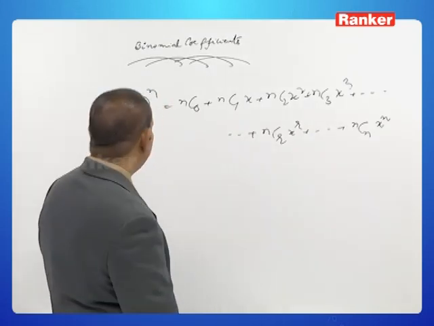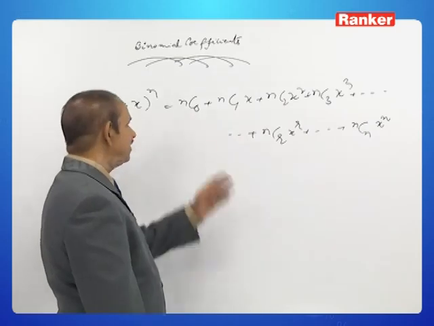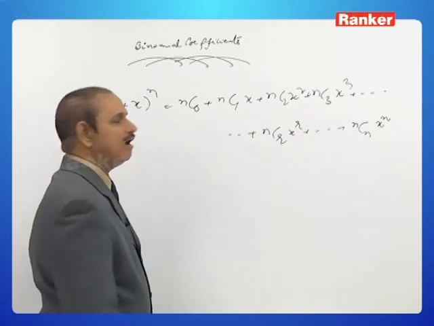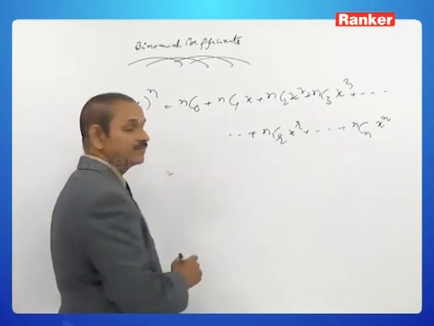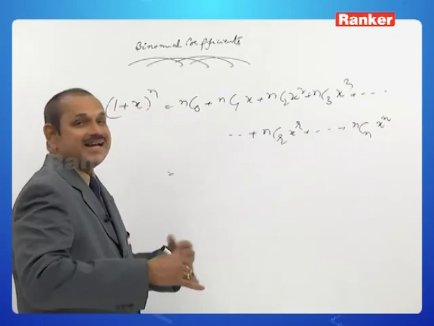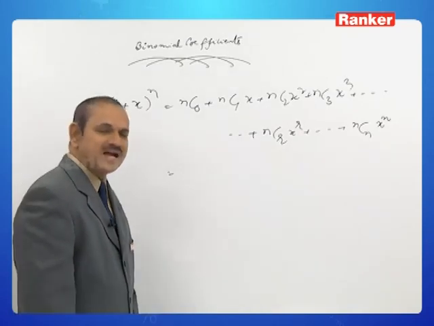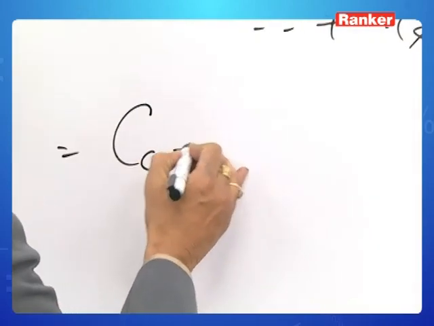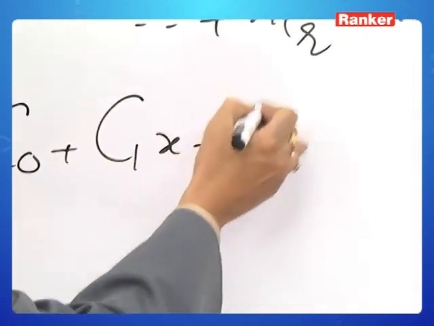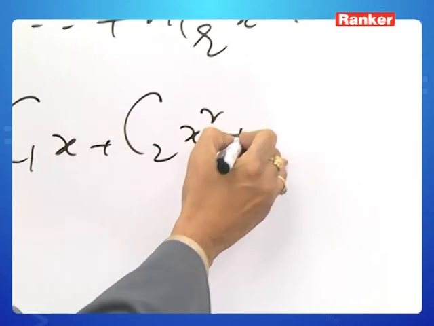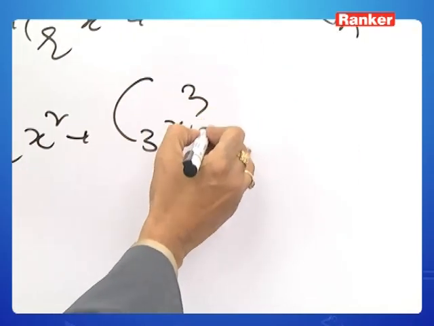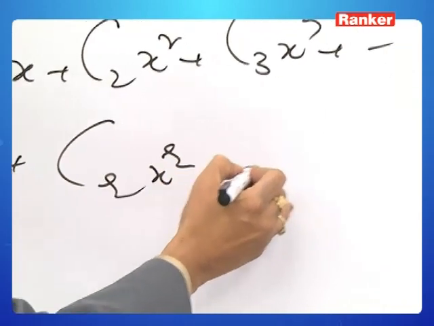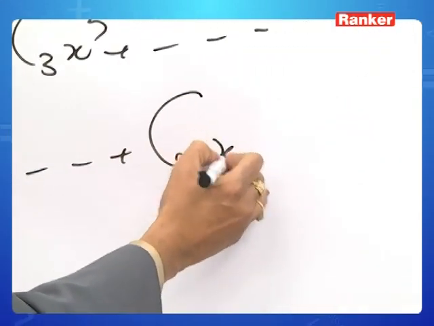Hereafter these binomial coefficients nC0, nC1, nC2, etc., nCn are redesigned. The style will be revamped to denote them like this: C0, C1 into x, C2 into x squared, C3 into x cubed, and so on, Cr into x to the power r, plus etc., Cn into x to the power of n.